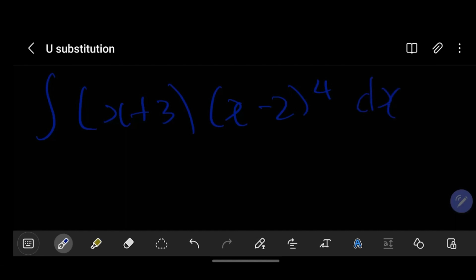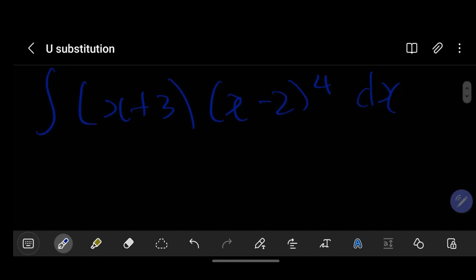So what do you think we need to make u in this case? We can see straight off, right? If we make u any of this, we will still end up having to solve for x in terms of u. So let's make u equal to x minus 2, okay?